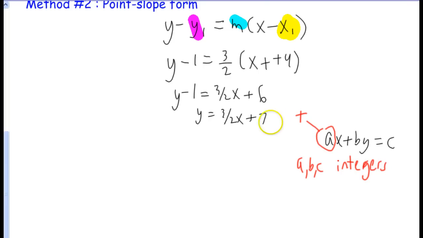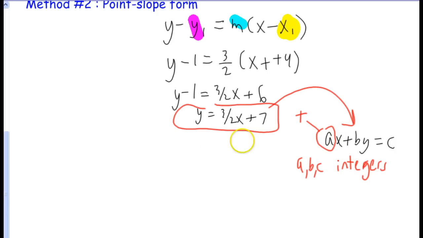So if we wanted to put this slope-intercept form into this form, you've got to just make sure some of these values are the same. So I'm going to get x on the other side. I'm going to subtract 3/2 x. So I have -3/2 x plus y equals 7. Notice we have a denominator of 2 here. I don't want that.